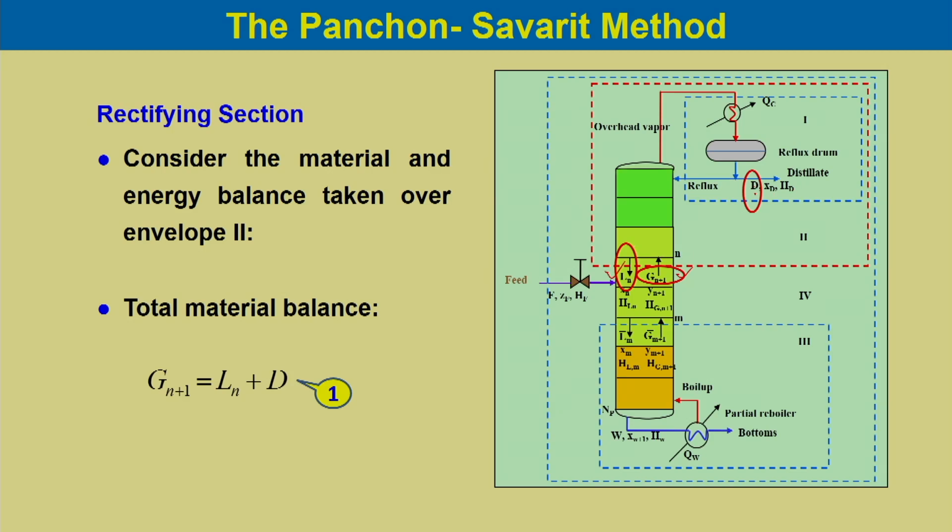If we do the total material balance in this section, G n plus 1 would be equal to Ln plus D. So, this is equation 1.